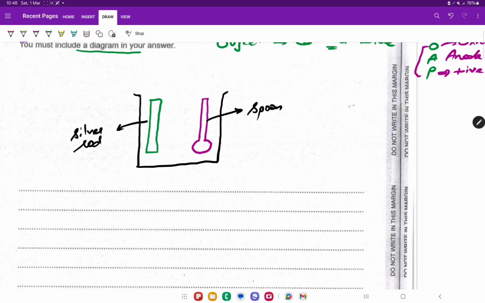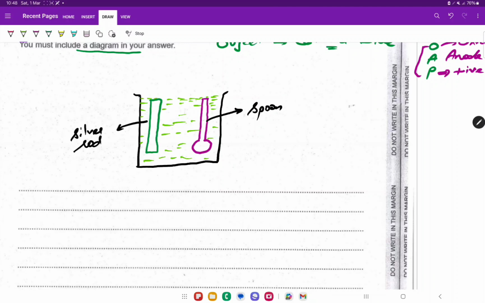Fill the beaker with aqueous silver nitrate solution till it dips the complete spoon. We'll fill this till the end.